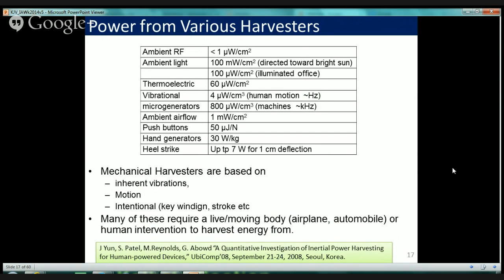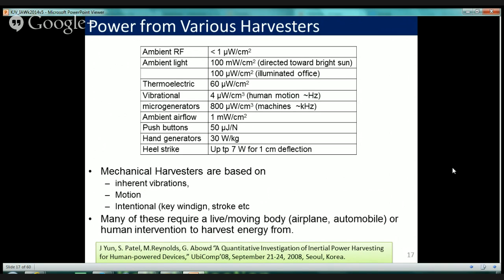Solar PV is the most popular, with a very high energy density, and there are several others, including mechanical motion, vibration, and the like, which could possibly be used for harvesting energy. And if you look at it, ambient RF, although it is very low as you see in the list, is another source of energy.